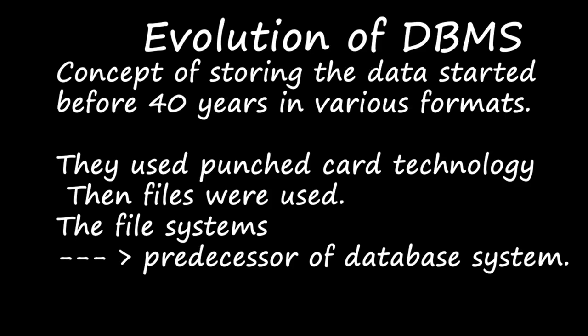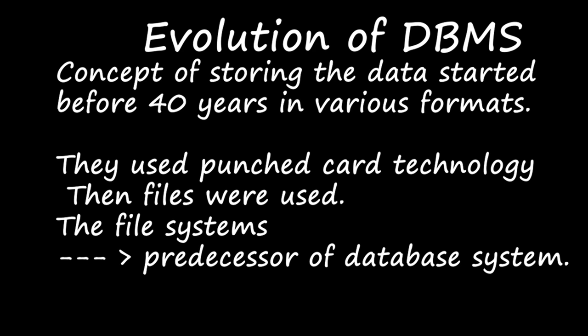Now we are going to see the evolution of DBMS, the evolution of database management system. The concept of storing data started before 40 years. In the early days, they used punched card technology to store the data.